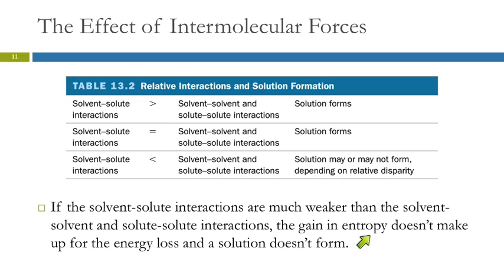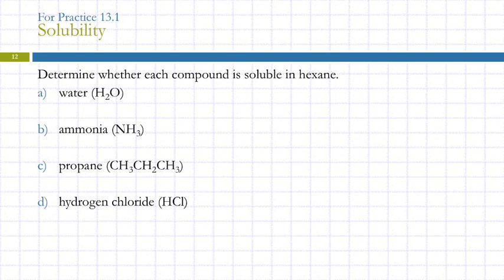So we do gain entropy when things mix together, but if those solvent-solute interactions, this slide is like a tongue twister, if the solvent-solute interactions are very weak compared to the interactions between the solvent and between the solute, you're breaking strong interactions and forming weak interactions, and the gain in entropy doesn't make up for the energy loss caused by breaking strong connections and making weak ones.